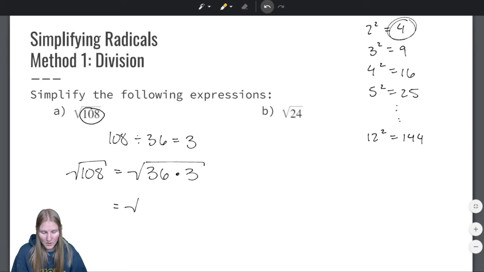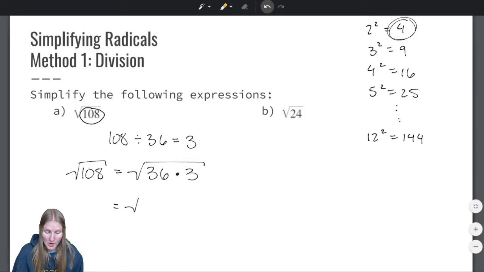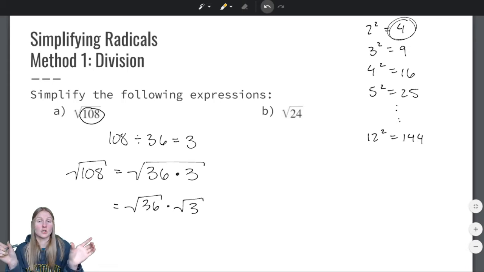And you'll remember from algebra, you learned this in algebra, Chapter 9, I believe, that if I have a product inside of a radical, I can split that up into the product of two radicals.